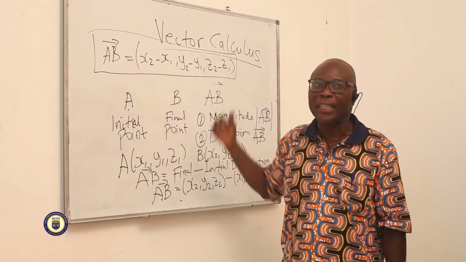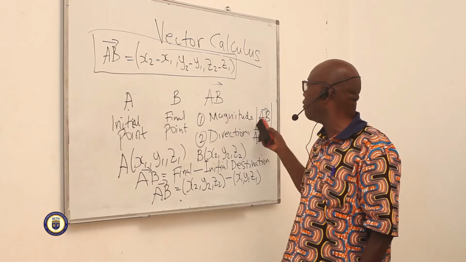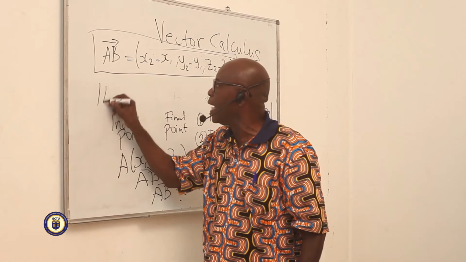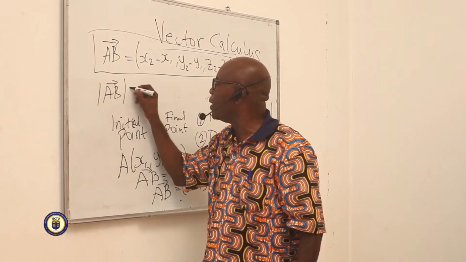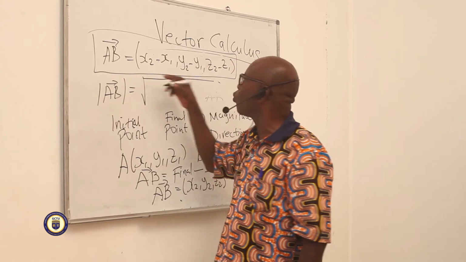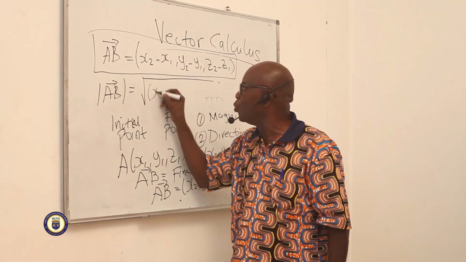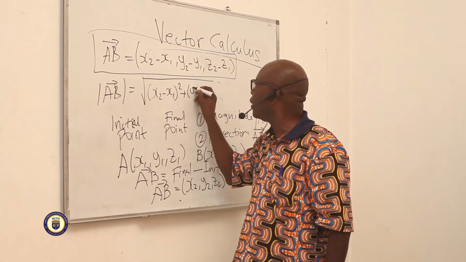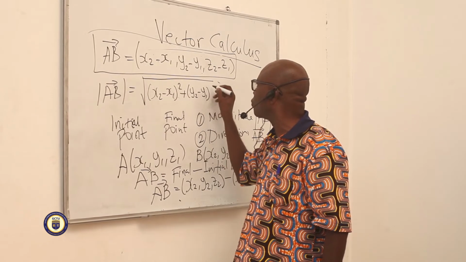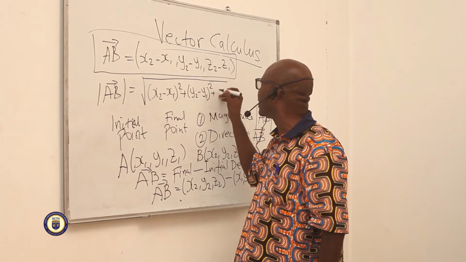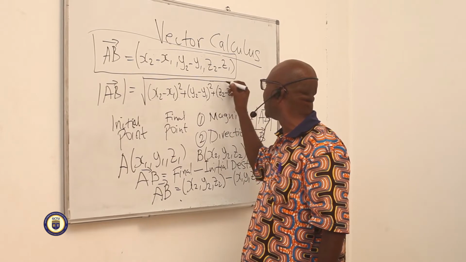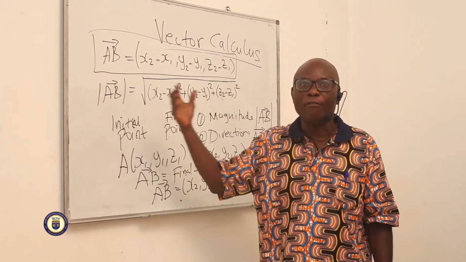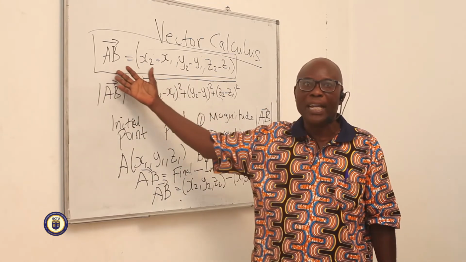We have seen the direction, and then the magnitude, as we define by this formula, the magnitude of vector AB will be the square root of the squares of each of the components, which is x2 minus x1 squared, plus y2 minus y1 squared, and then plus z2 minus z1 squared. You remember that this is the magnitude of the vector AB.